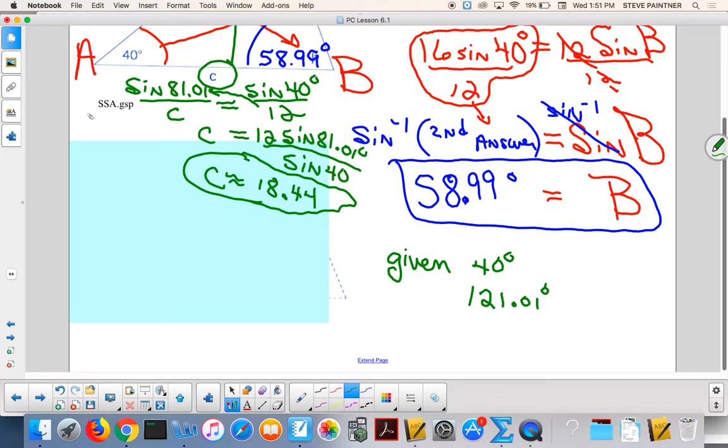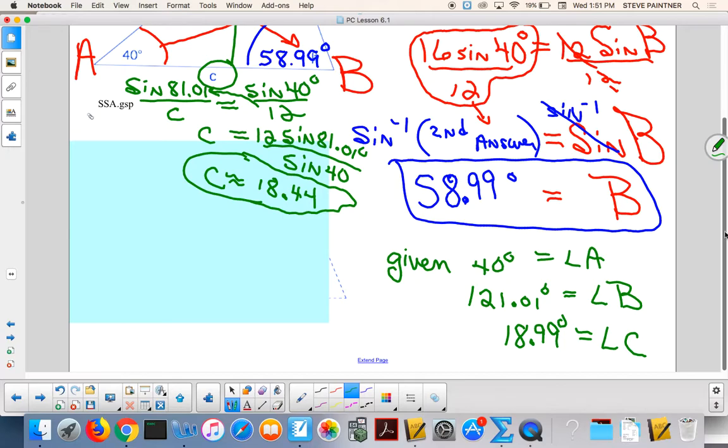And by the way, this is angle A. This is angle what? Must be the other B. Is there enough room for C? Yeah, because 180 minus 40 is 140. 140 minus 121.01 is 18.99 degrees. So there is a second triangle, and there's the information right there.